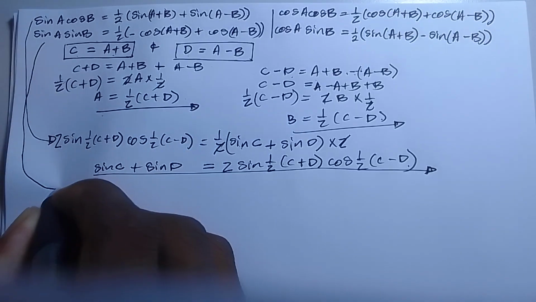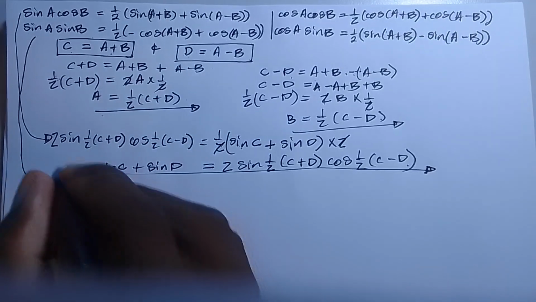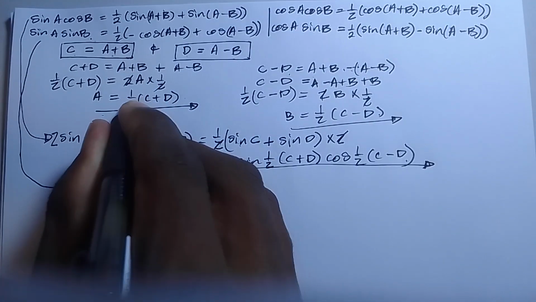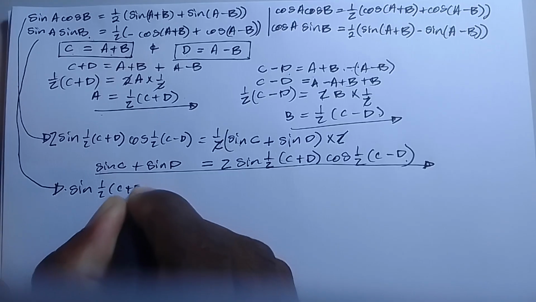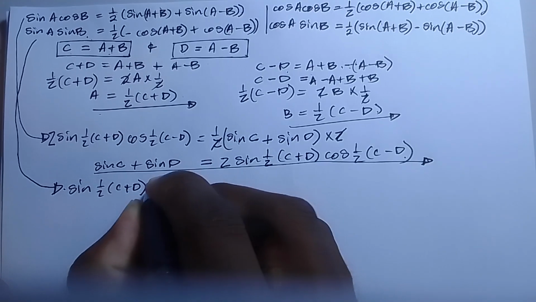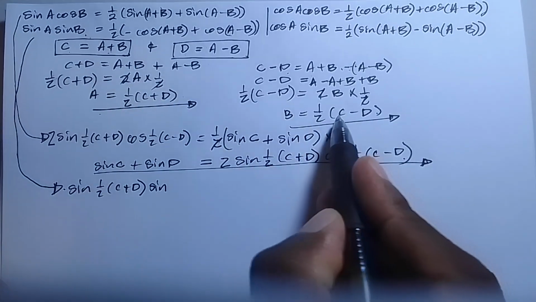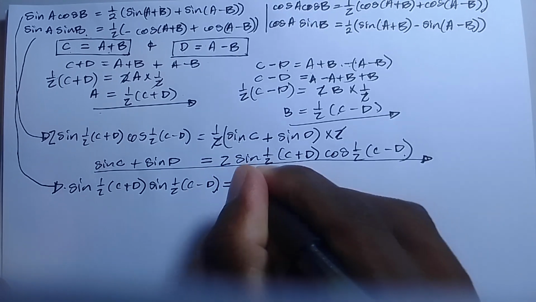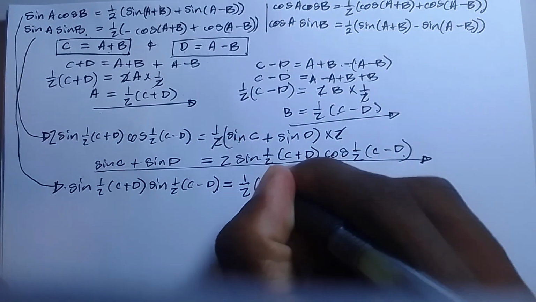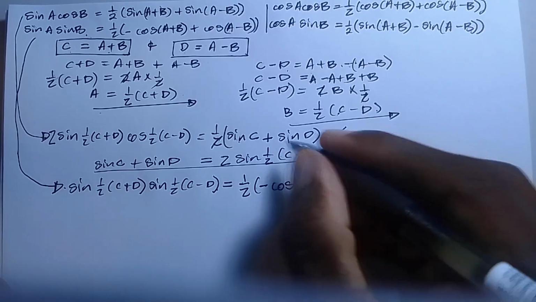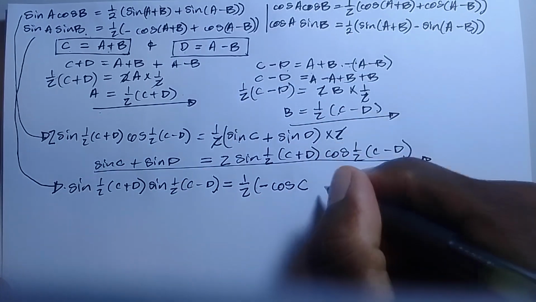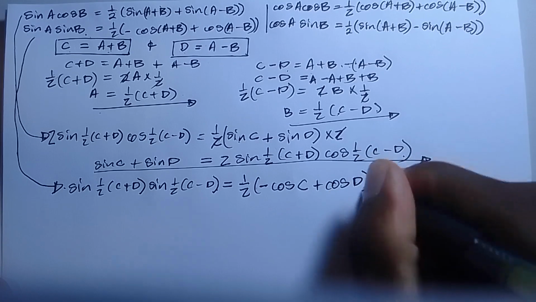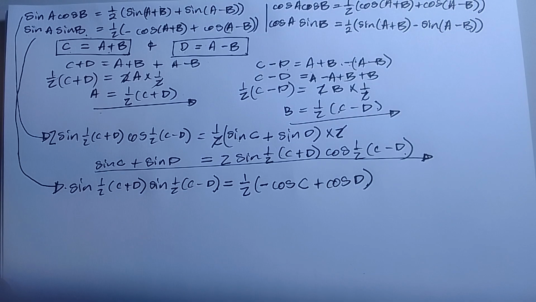So let's take this one now. We have sine A, sine B. So it's sine A is now half C plus D, and sine B is now half C minus D, and it's equal to a half into negative cos A plus B is C plus cos A minus B is D. Then you multiply both sides by 2, right?